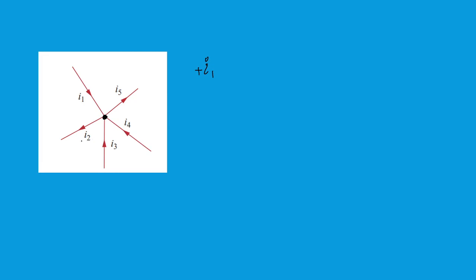And current I2 is incoming or outgoing? Outgoing, so I can write minus I2. Coming to I3, it is incoming, so plus I3. I4 is also incoming, so plus I4. And I5 is going out, so simply minus I5 is equal to 0.